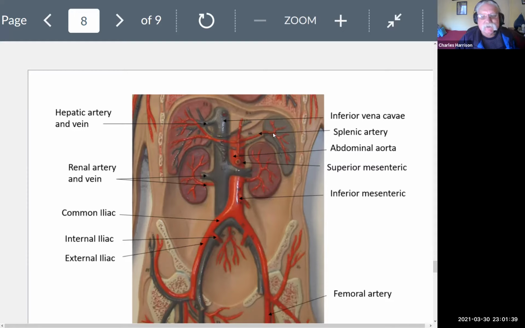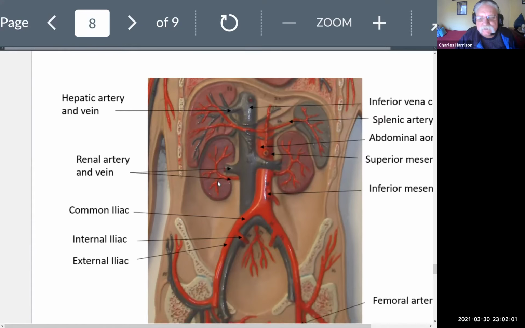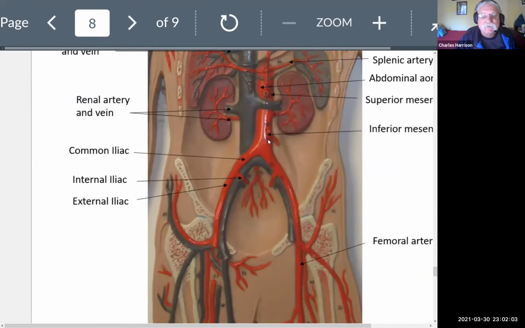Well, it does. Here's the splenic artery. The abdominal aorta in red. The superior mesenteric is shown here as a cut vessel. That superior mesenteric, remember, it goes to the small intestines. Inferior mesenteric is down here.